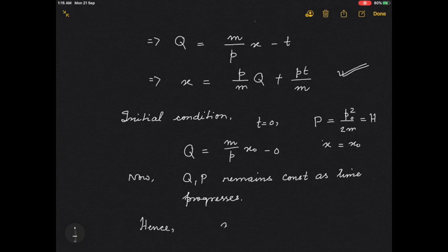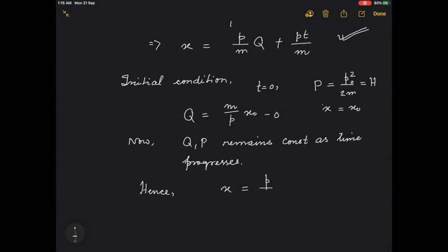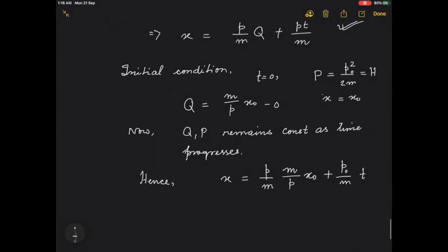So what happens to x at a later time? X at a later time then is p by m times Q, and Q is now m by p x naught plus p, which is constant p naught, by m times t.